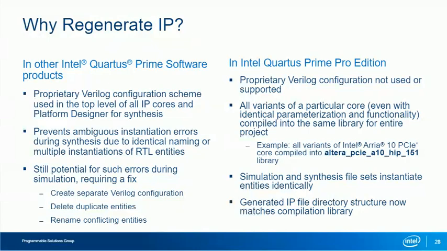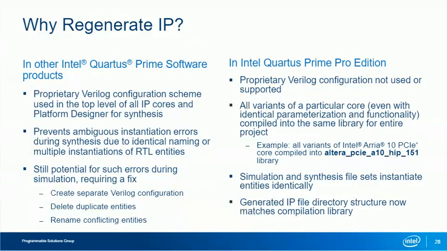This is used to prevent ambiguous instantiation errors during synthesis that can occur due to instances with identical names or multiple instantiations of the same instance. While this configuration scheme works for synthesis, problems may still arise during simulation, requiring the user to implement their own fixes, including the creation of separate configurations, deleting duplicate design entities, and renaming identically named entities.